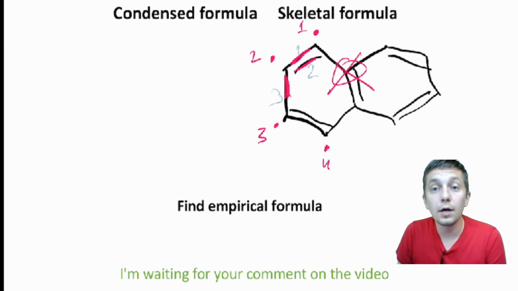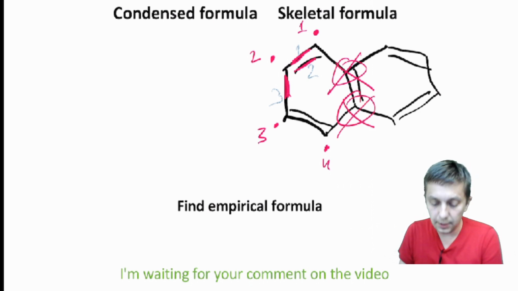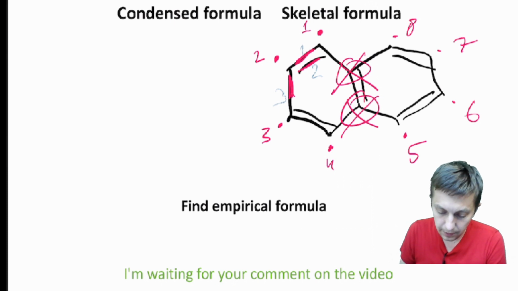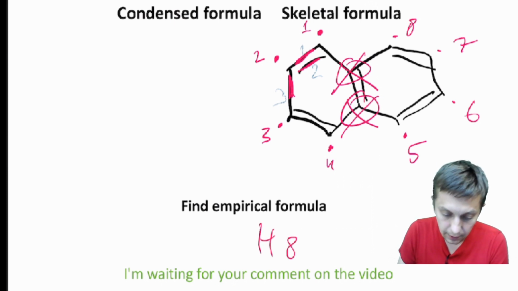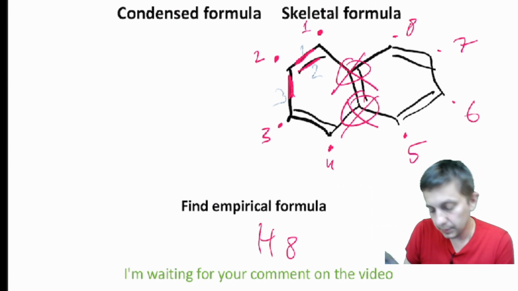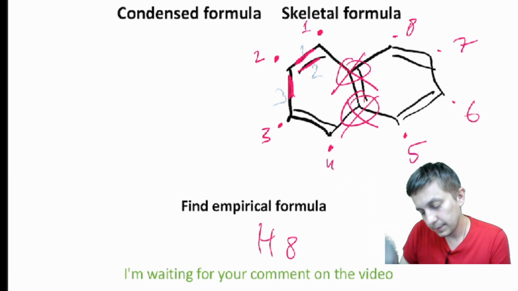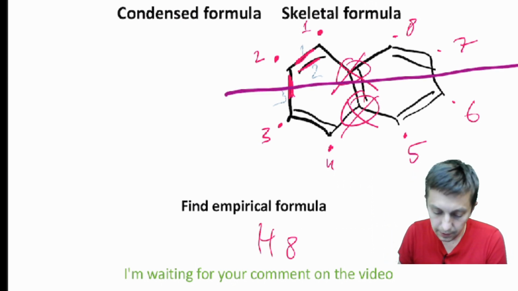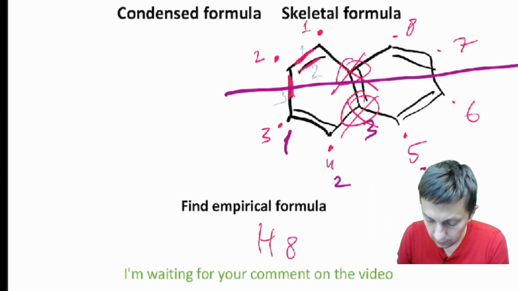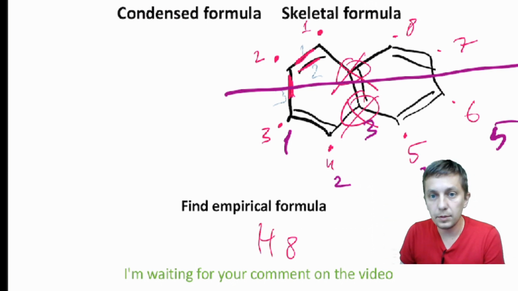Here, for example, no hydrogen atoms at all. And here, no hydrogen atoms, and 5, 6, 7, 8. So H8. With carbon it's easier. We can split by half, and the carbons 1, 2, 3, 4, 5 multiply by 2.